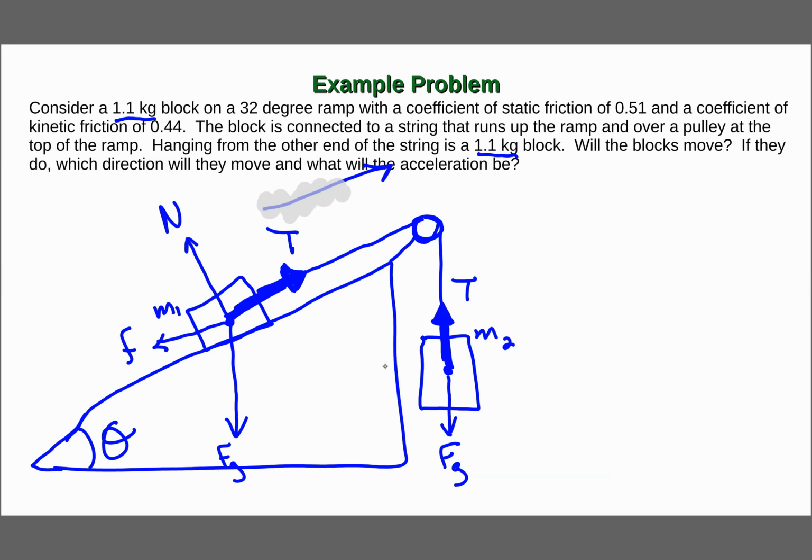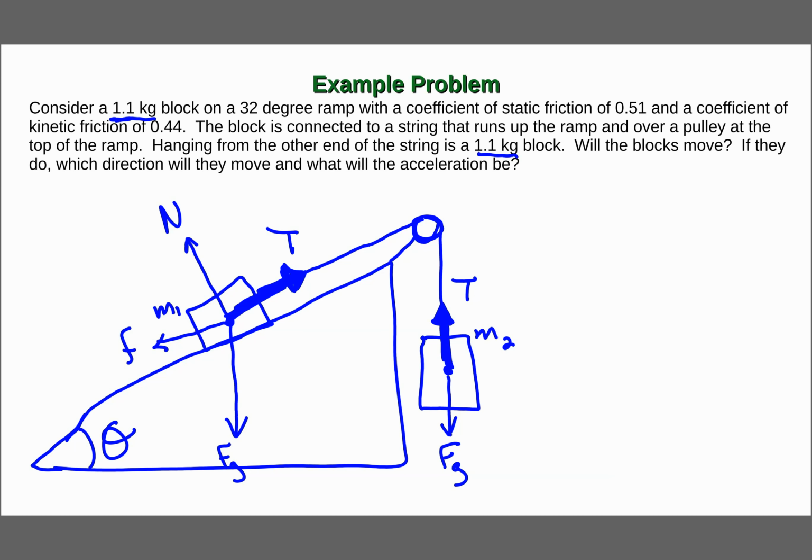You might be able to make a guess, but even if you could guess this one, there may be some combination of masses that you might not be able to guess. So I wanted to solve a problem where we're not sure which way it's going to move, or at least we say we're not sure. And then I want to show you how to figure out what happens.